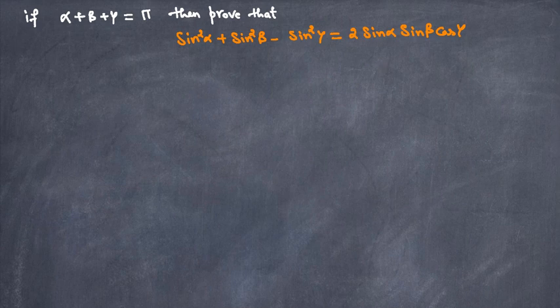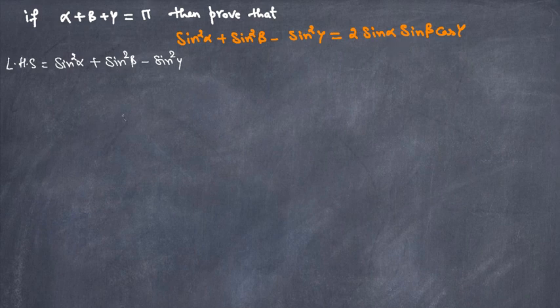So in this example, I'm gonna use the left hand side, which is sine square alpha plus sine square beta minus sine square gamma, and I'm gonna change or convert it to make it equal to the right hand side.